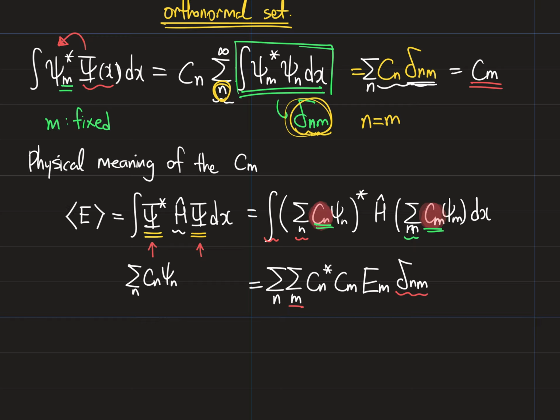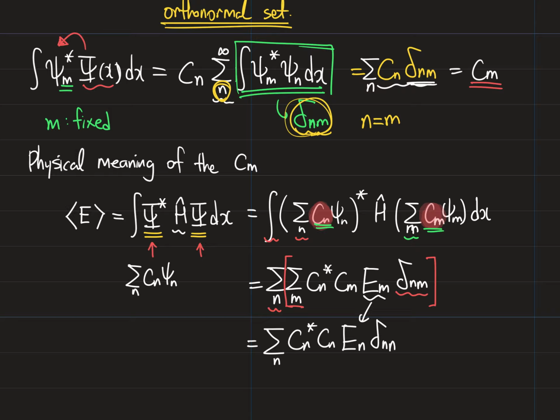That means for a given n, within this nested summation, the only m that can survive is when m equals n. So this summation is now reduced to Cn star Cn. Now Em becomes En because when m is different from n, the Kronecker delta is 0.